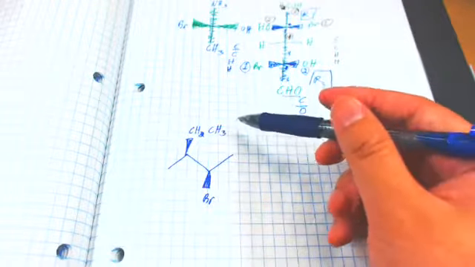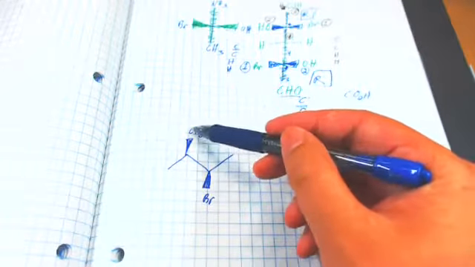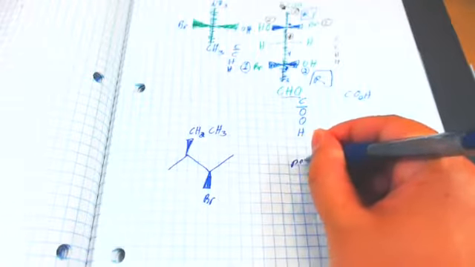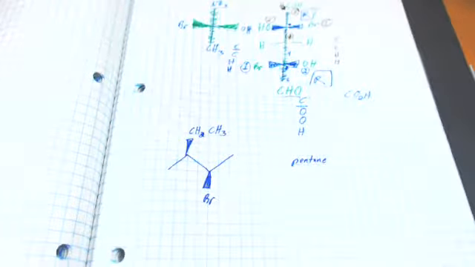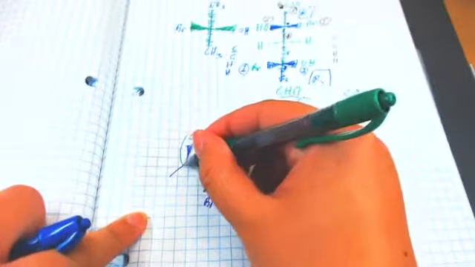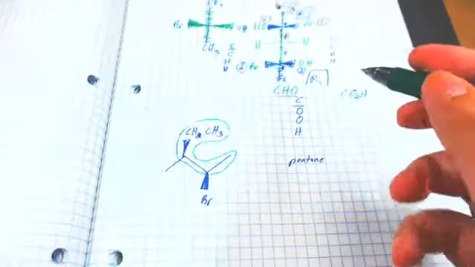All right, first off, what is the longest parent chain? Did everyone get 5? 1, 2, 3, 4, 5. So that is a pentane. Everyone okay with that? I'm gonna go ahead and circle the parent chain. I tell y'all to do this all the time, but yeah, I still don't. Where are your substituents?